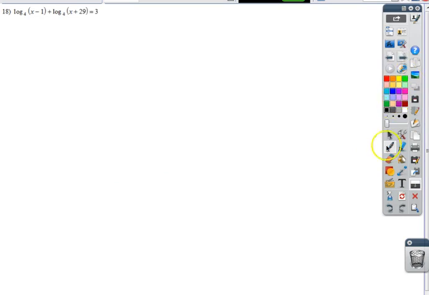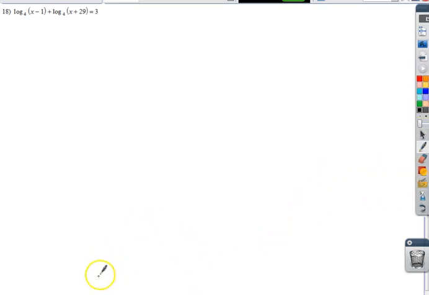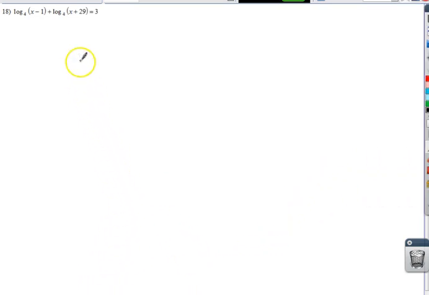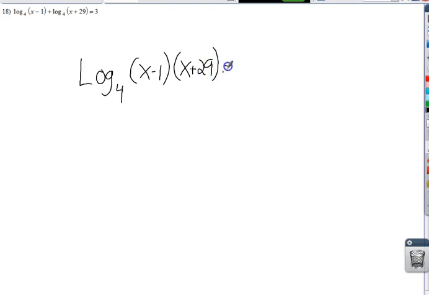Moving on. Last but not least, oh man, saving the best for last. All right, bring them back together, bring it on back. With multiplication, with one log, doing our little loop here.